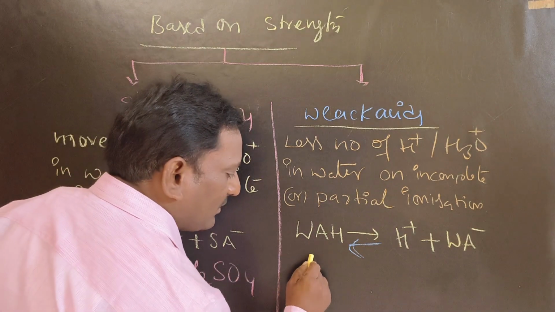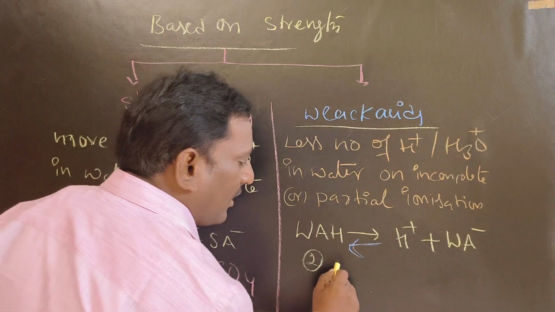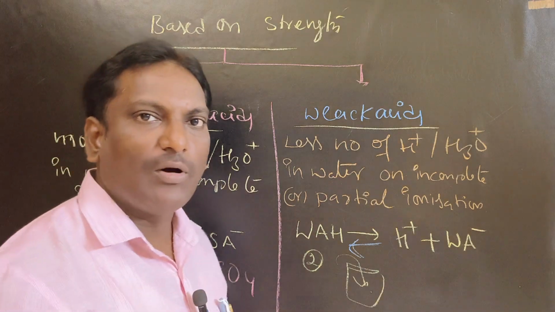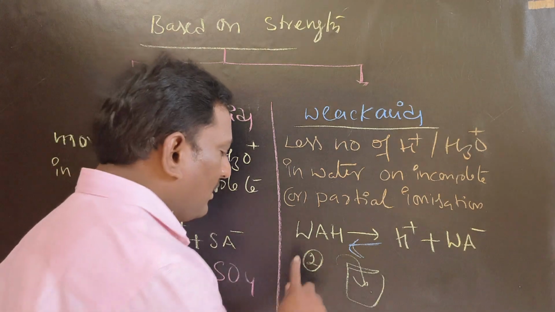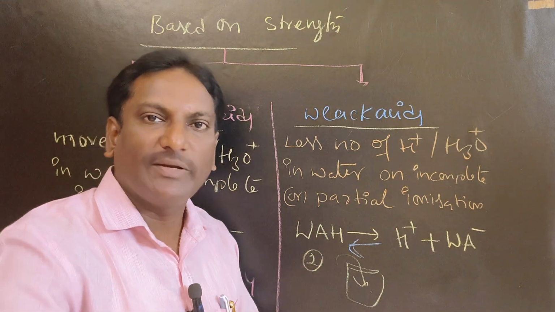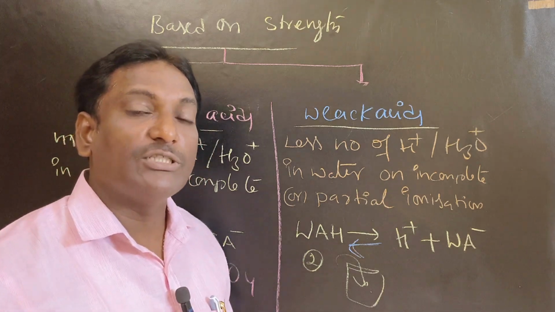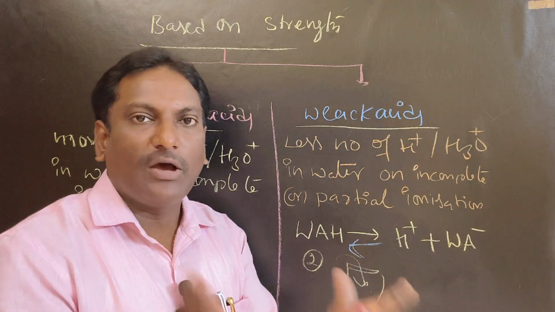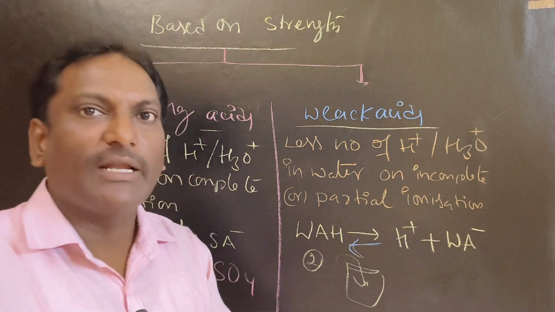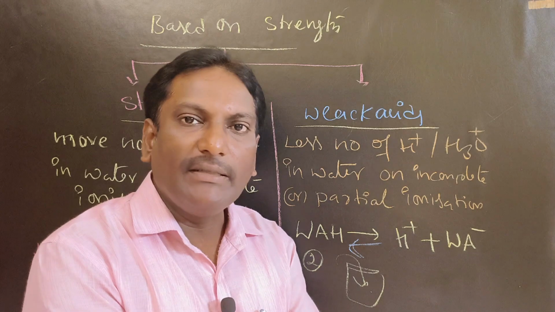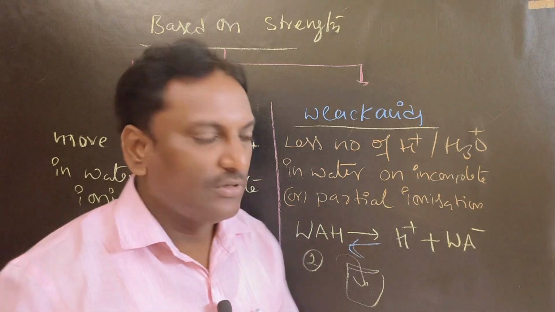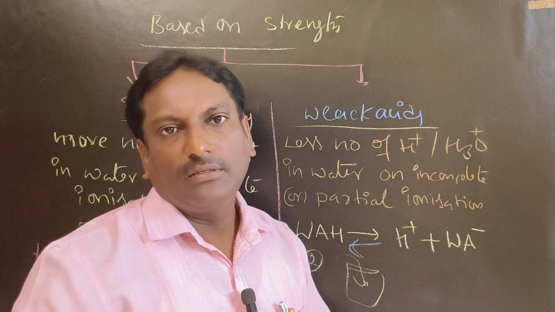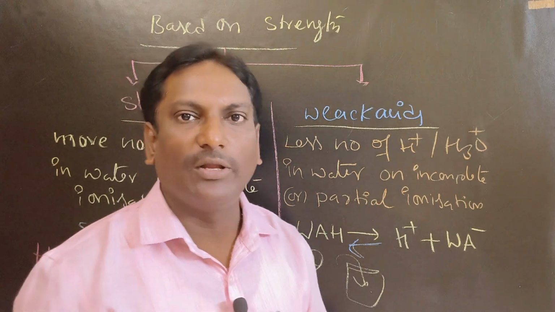For example, let us assume I drop two molecules of acid in water. Among the two molecules, one molecule splits into ions and the second molecule also splits into ions. The ions combine and give back the molecule. So one by one splitting into ions and one by one the ions are giving back the molecule.